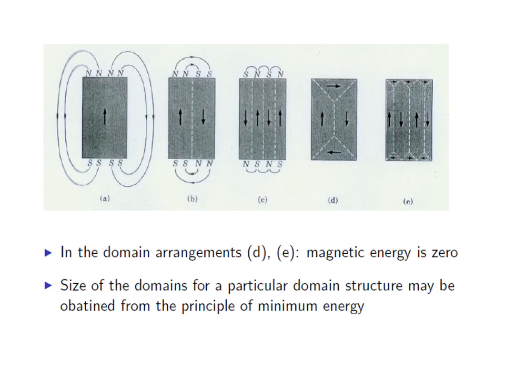The magnetic energy in case B is half of the magnetic energy in case A. The magnetic energy in case C is about 1/4 of the magnetic energy in case A. D and E are called the closure domains, because if you connect the magnetization within all the domains in case D, then we get a closed loop.